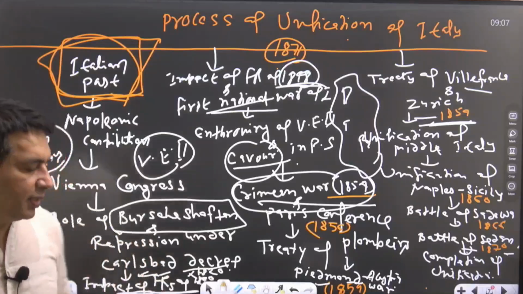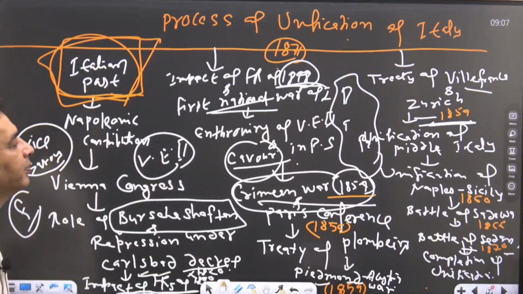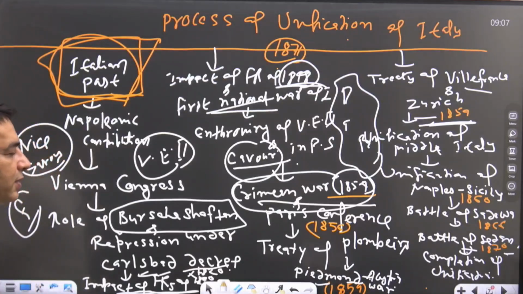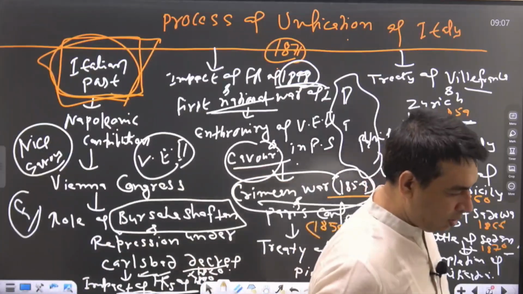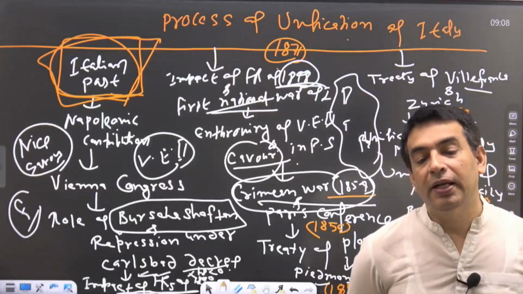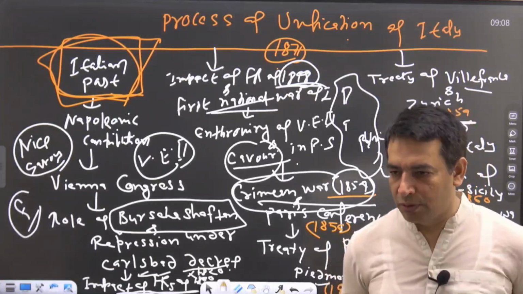It means that in the unification process, popular nationalism, magazines, newspapers, journals, and plebiscite were all used, which shows that Italian unification was done through the middle class way and constitutional way.